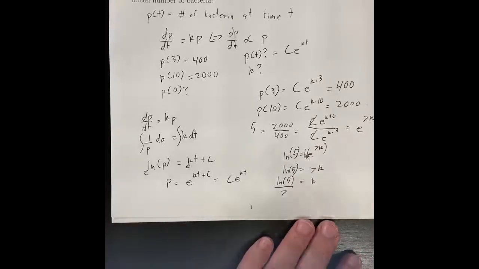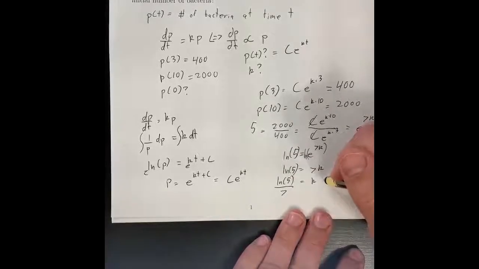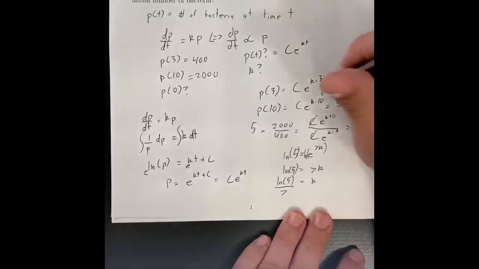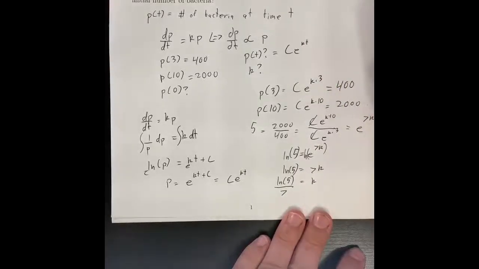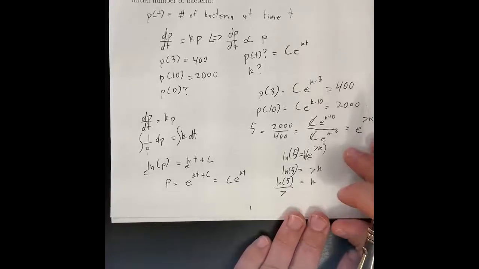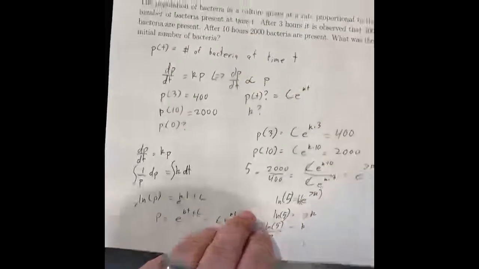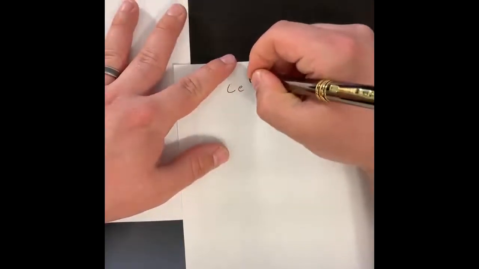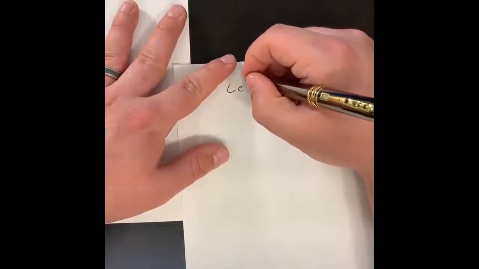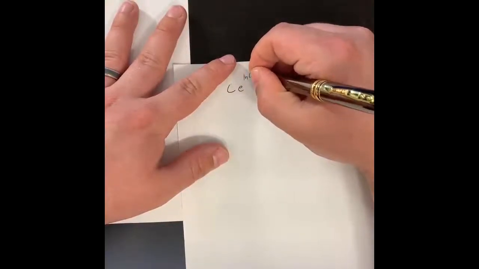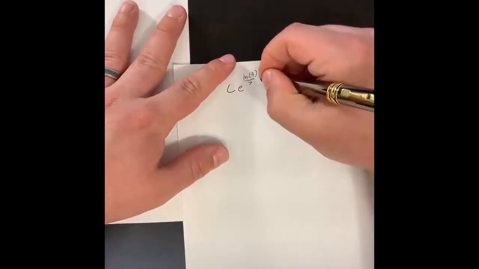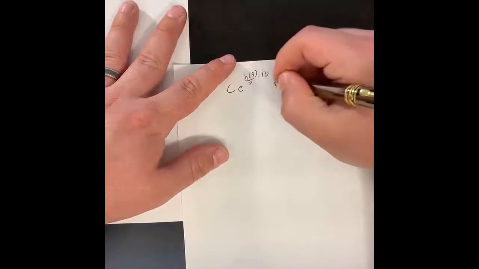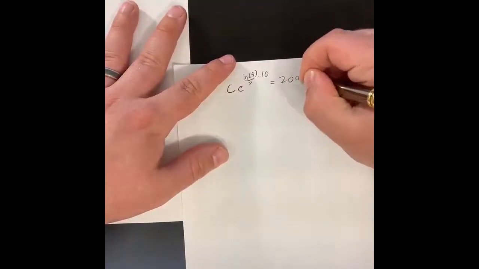And now that we know what that is, we can plug that into one of these equations up here and solve for c. Let's do that on the back here. So we have c e to the k, which is natural log of 5 over 7, times 10, equals 2000.